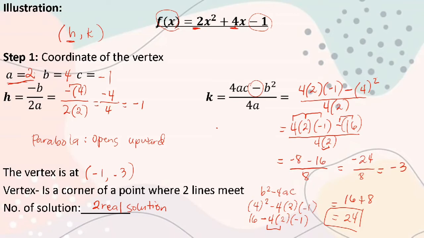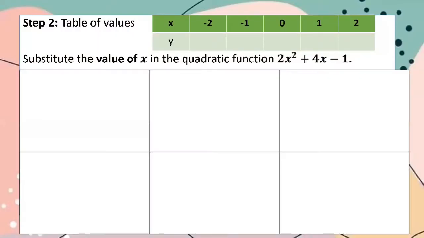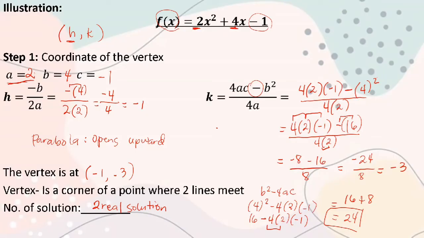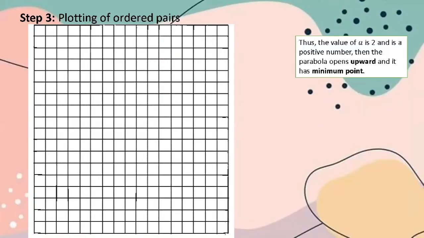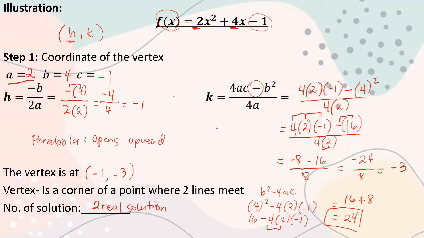Okay. Next, after the step 1, or the vertex, of course, we will proceed with our table of values. So, before that, let's write first the given that we got, no, dito sa ating step 3. So, ilalagay ko lang that the vertex, ayan.